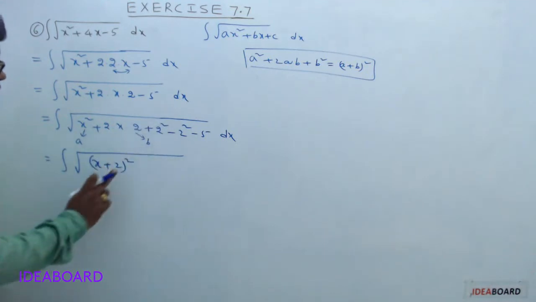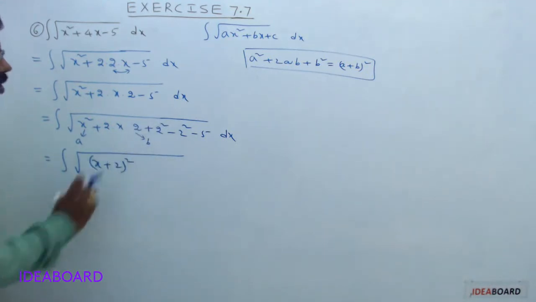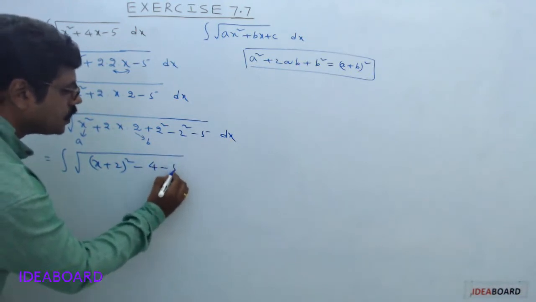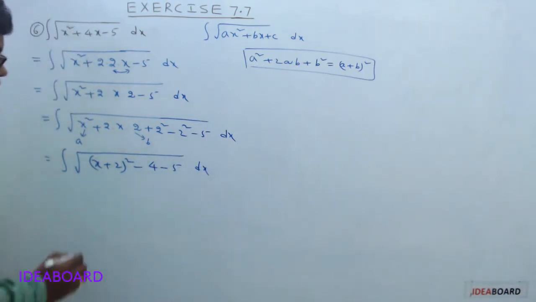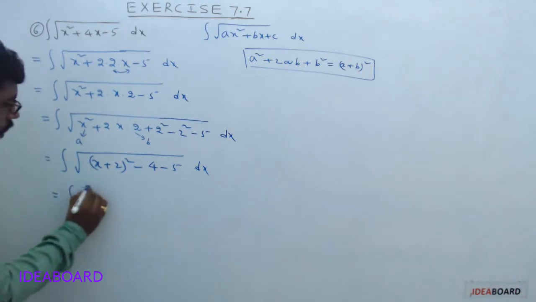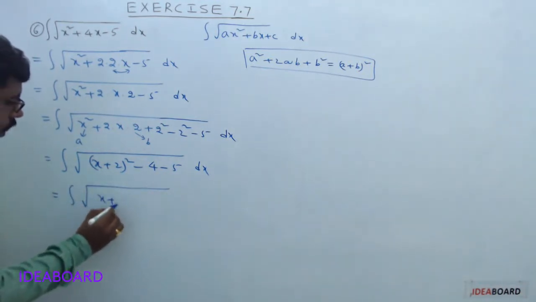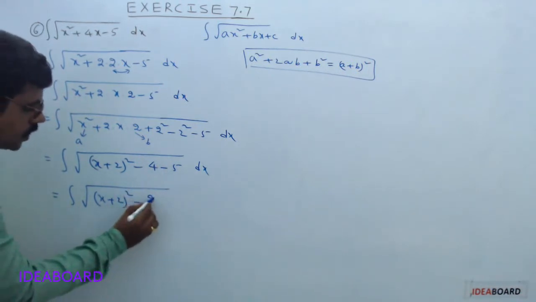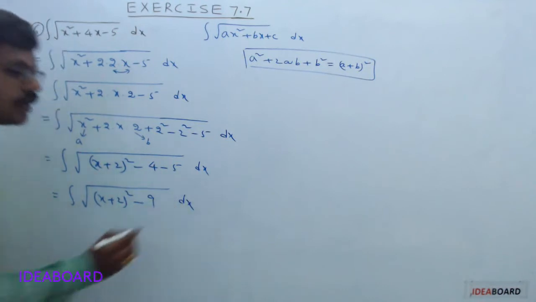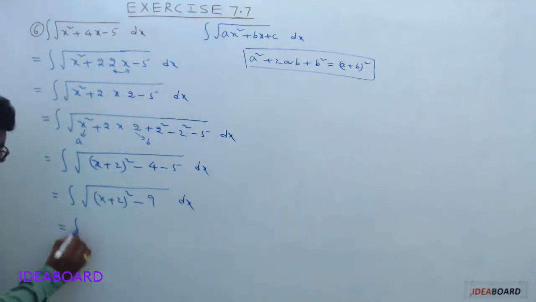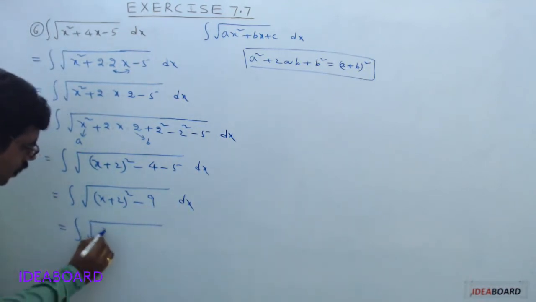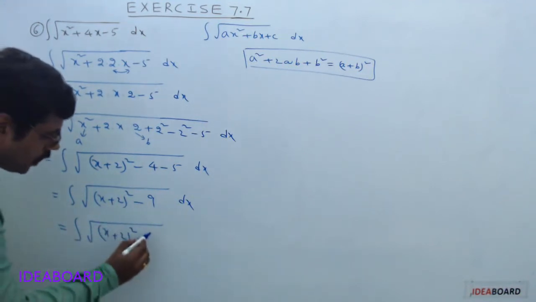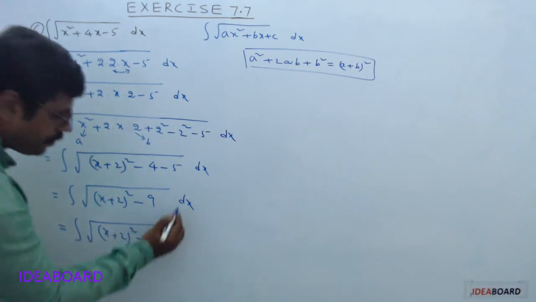These three terms can be taken as (x+2)² minus 2², which is 4, minus 5 dx. Now this is integral square root of (x+2)² minus 4 minus 5, minus 9 dx. Now this is integral square root of (x+2)² minus 9, which can be taken as 3² dx.